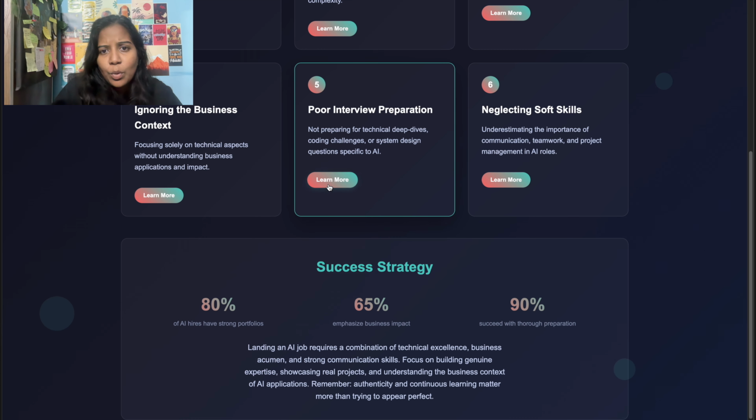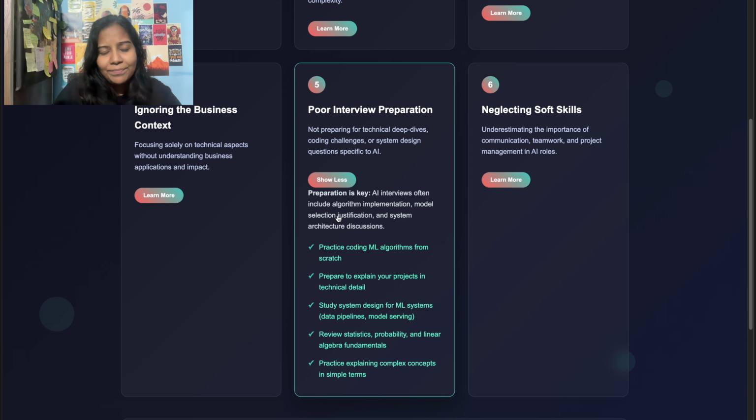And for interview preparation, I have rejected a candidate within 4 questions. I asked what is supervised and unsupervised learning. He didn't know. I asked what is reinforcement learning. He didn't know, of course.